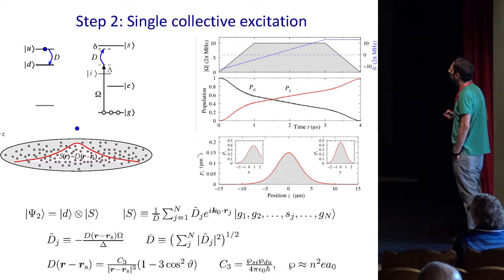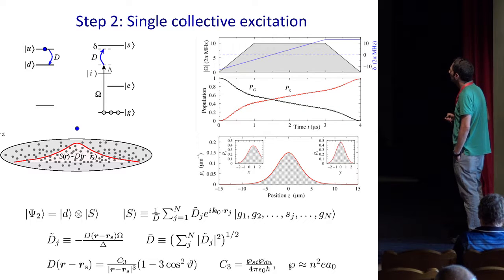So I apply this laser pulse with few microsecond duration, and I chirp it so that I start with some negative detuning and end up with some positive detuning, and then what happens is that I produce one spin excitation here, which looks like this.